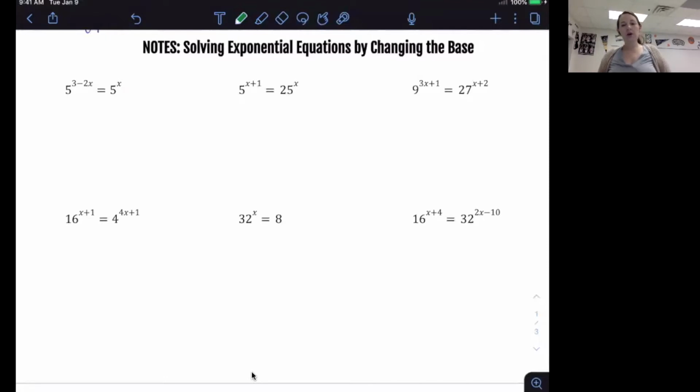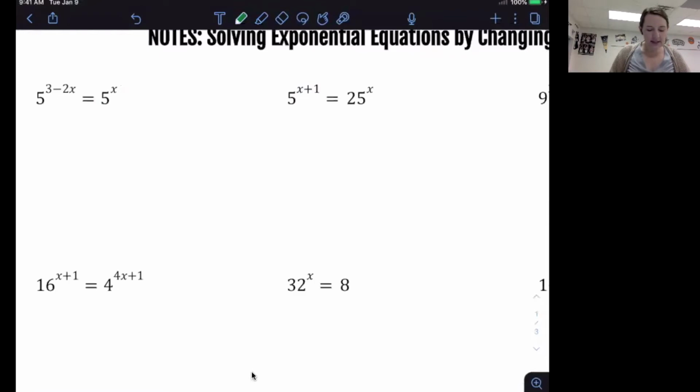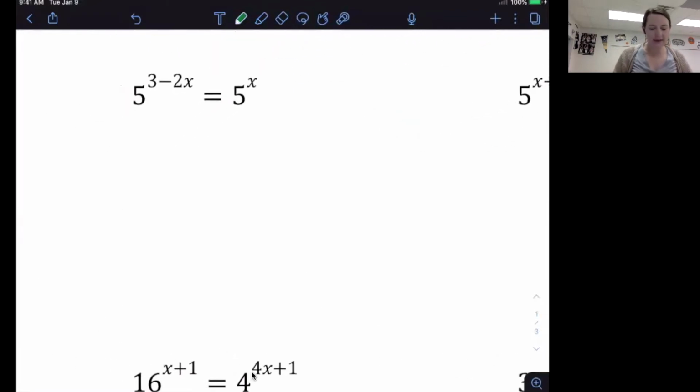So here we're wanting to set our exponents equal to one another, and we can only do that if the bases match. So this first example, we've already got the bases matching. So this says 5 to some power equals 5 to some power. So for example, let's say that that power is a 3.